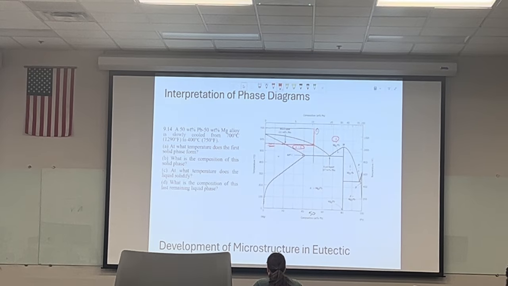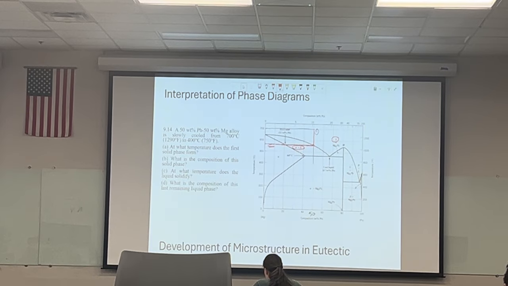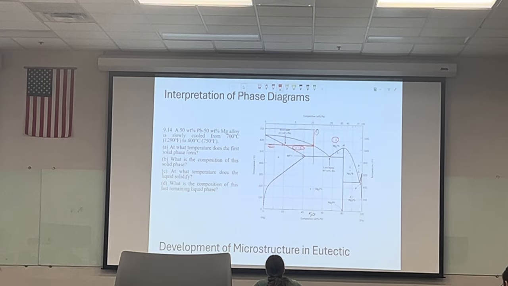So in other words, you'll end up with 21 weight percent lead and 79 weight percent magnesium. They're looking at this tie line here in yellow.